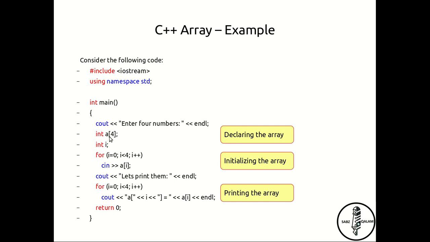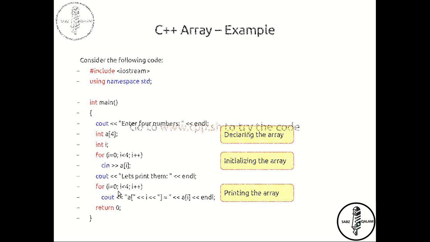Remember, the first element starts with index 0, that's why i starts at 0. And because it ends at 3, the loop stops at i less than 4. It's not saying i less than or equal to 4. It's saying i less than 4. That's so the loop ends at a[3]. And then you just print them. For the printing, you again use a loop.